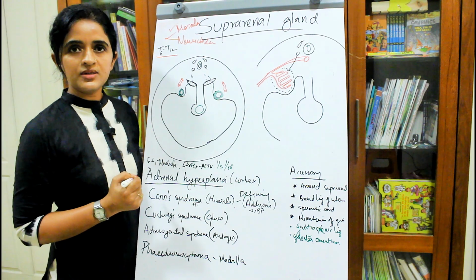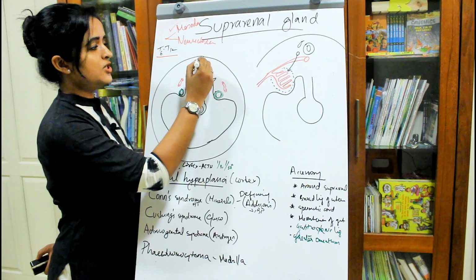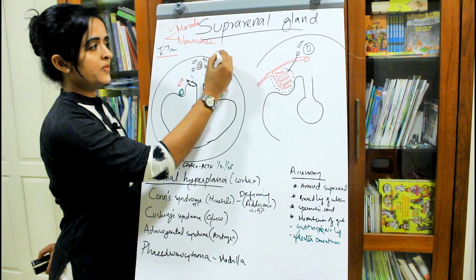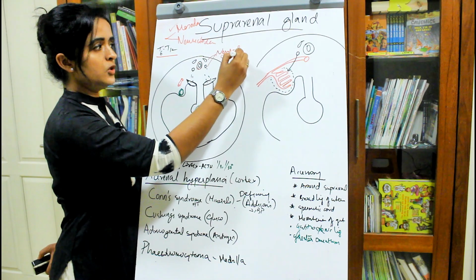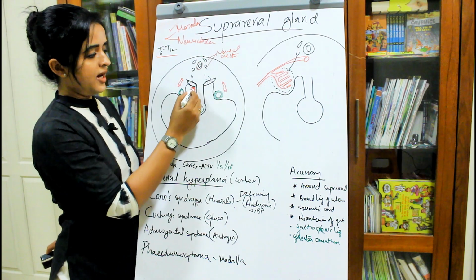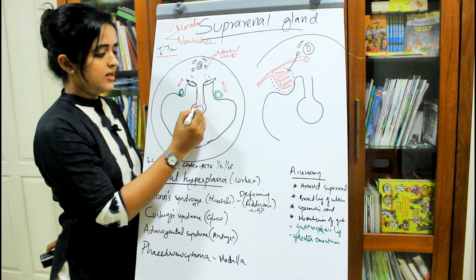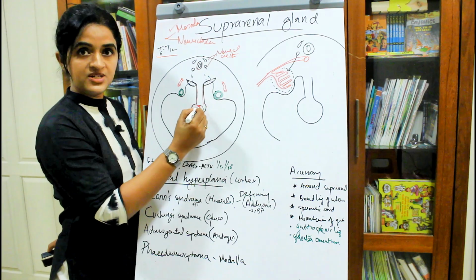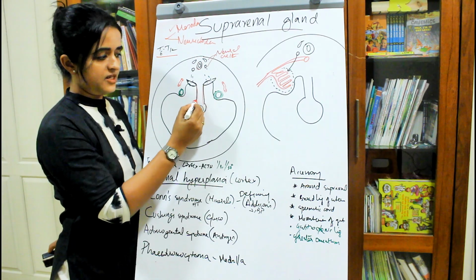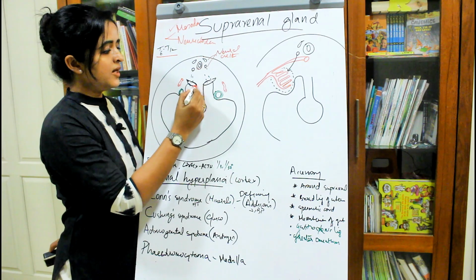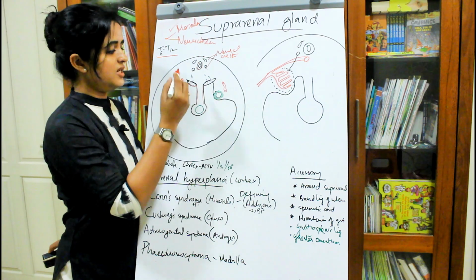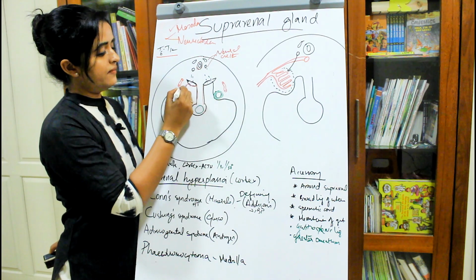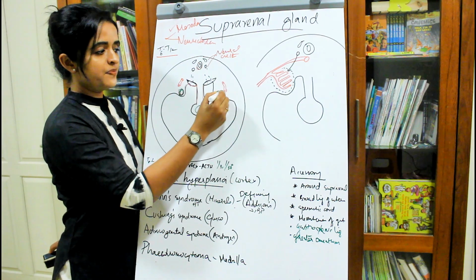Can you name the structures here? You have the neural tube, and the neural crest cells as two masses. Then you have the dorsal mesentery which is suspending the primitive gut. Then you have the coelomic epithelium lining the body cavity, and here you have the developing gonads.